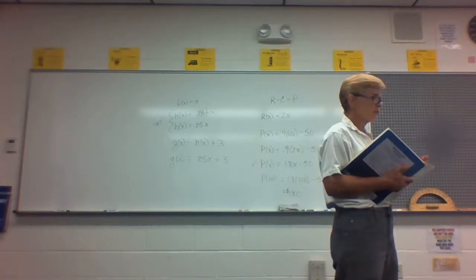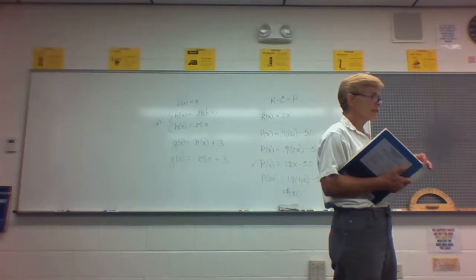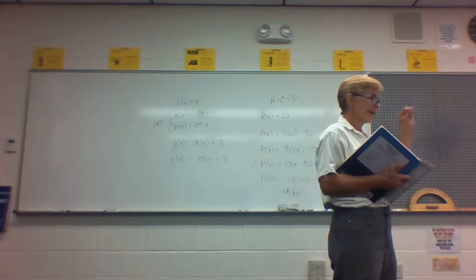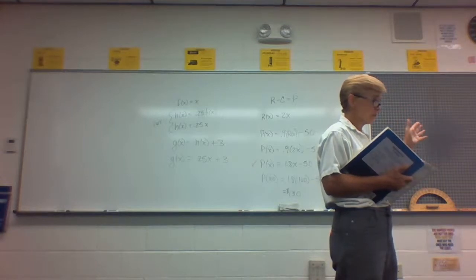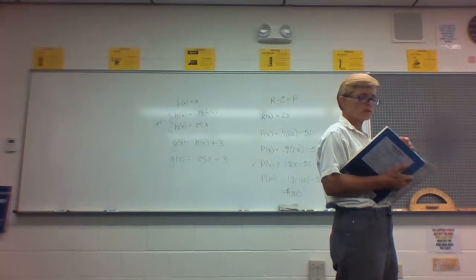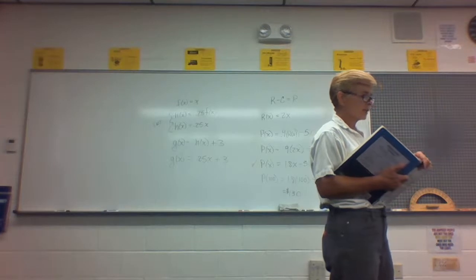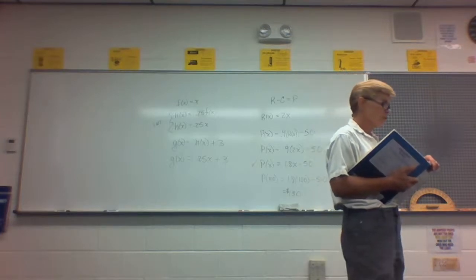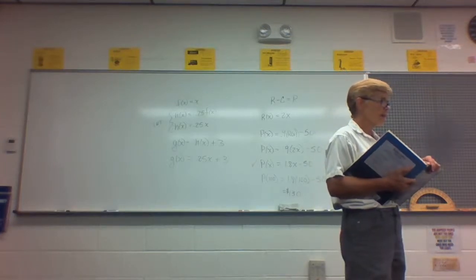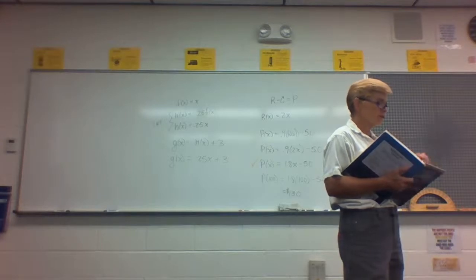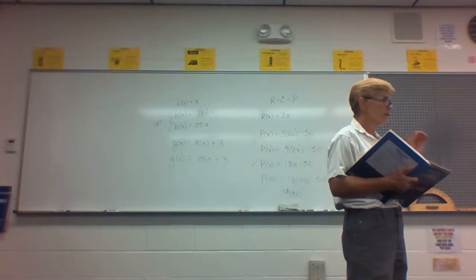This is not on the Big Ideas assignment, but this goes for all of you. If you are interested in extra credit, which is points that add to your test score, it's not very many, but every once in a while I give an extra credit question because I think it's really cool. It's a good question that challenges your mind, but it's not really necessary for you to know how to do. So number 41 is extra credit. If you wish to get that extra credit, you will have to turn in number 41 on a completely different sheet of paper.